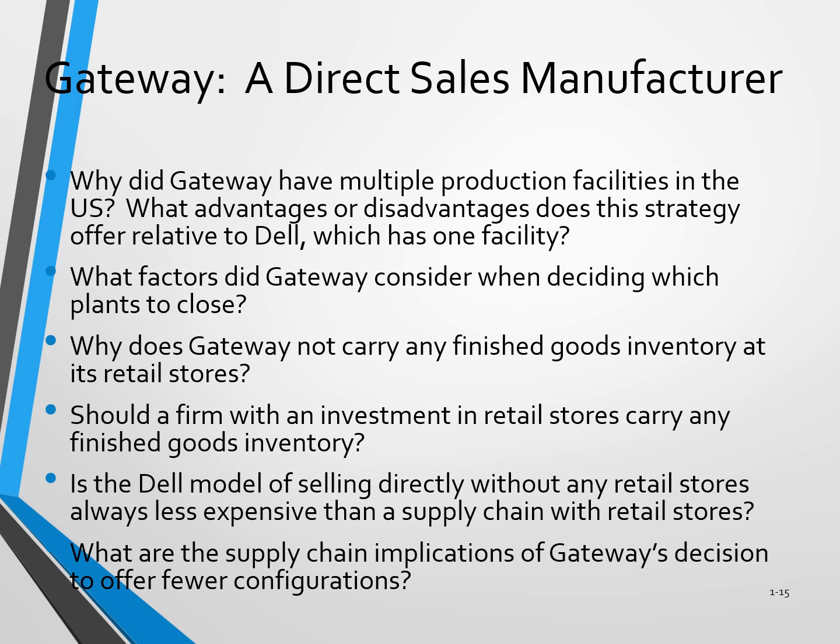Should a firm with an investment in retail stores carry any finished goods inventory? Why does Gateway not carry any finished goods inventory at its retail stores? What factors did Gateway consider when deciding which plants to close? Is the Dell model of selling directly without any retail store always less expensive than a supply chain with retail stores?